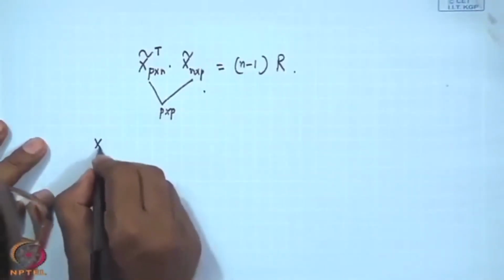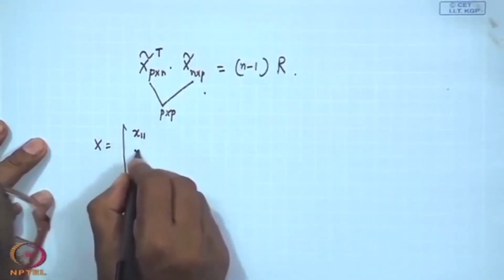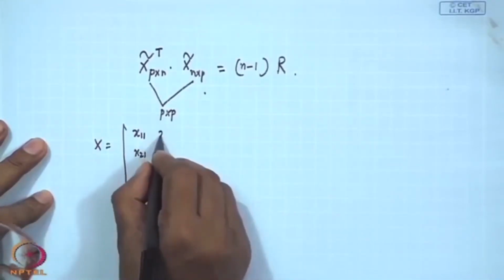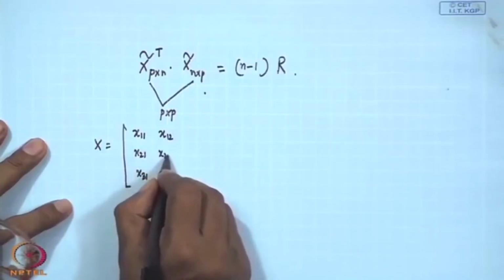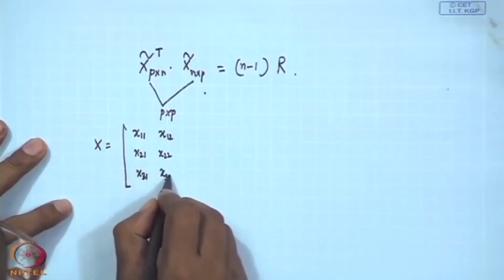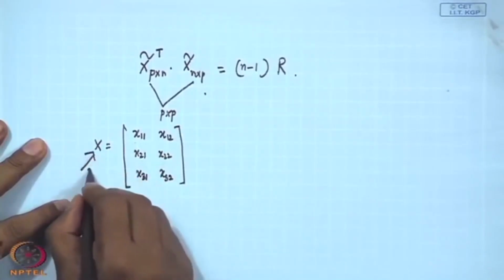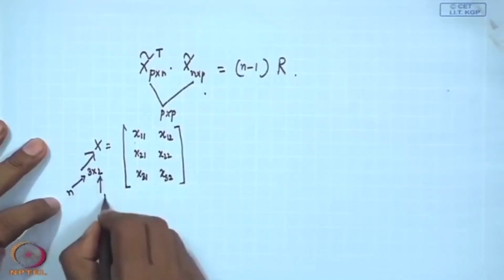Suppose my data matrix is like this, I will take only 3 values x11, x21, x31. Then the second variable, you take x12, x22 and x32. So, in this case the data matrix is 3 cross 2, where n is 3 and p is 2.